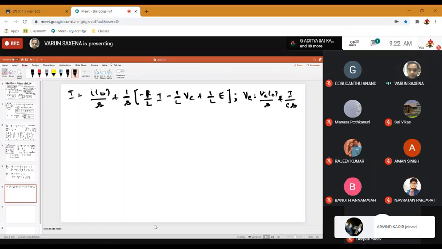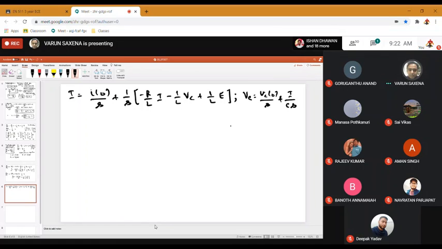Now we know that the signal flow graph is from the input to the output. So the first thing that we do is we create the input, which is E. Now the outputs over here could be any of the state variables.